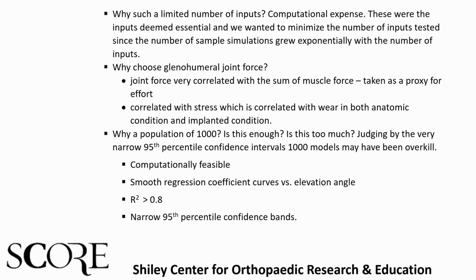The scapula motion also, since we're very interested in the shoulder, seems like an obvious input parameter that should be investigated. But that was it, just due to computational expense limits, we did not want to increase the number of input parameters.